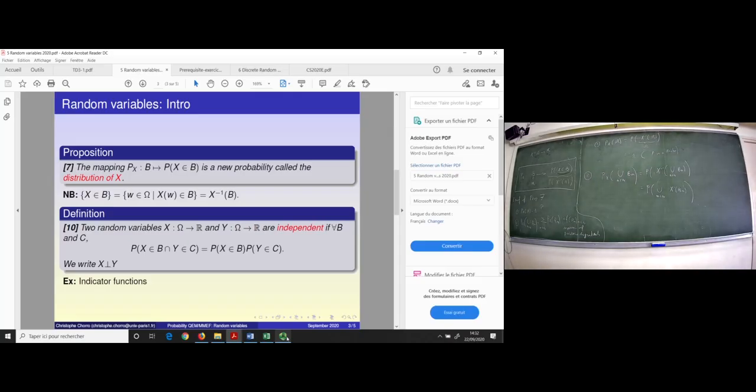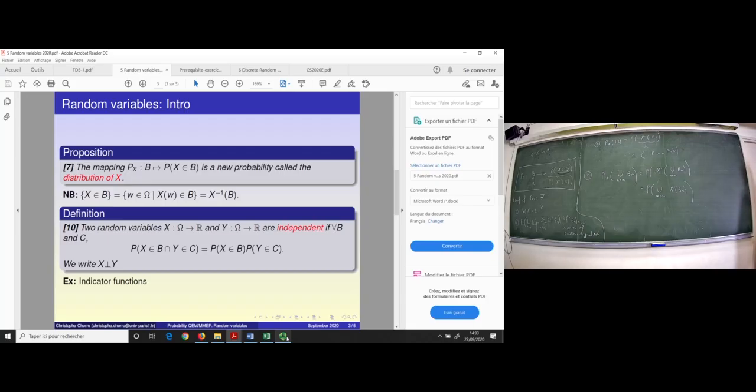So here, for the moment, I use the definition of Px, the fact that the pre-image fulfills some good properties in relation with the union or the intersection. So I have this. How to conclude? Do you have an idea? I know that P is a probability. So for any sequence of pairwise disjoint sets, the probability of the union is equal to the sum of the probabilities.